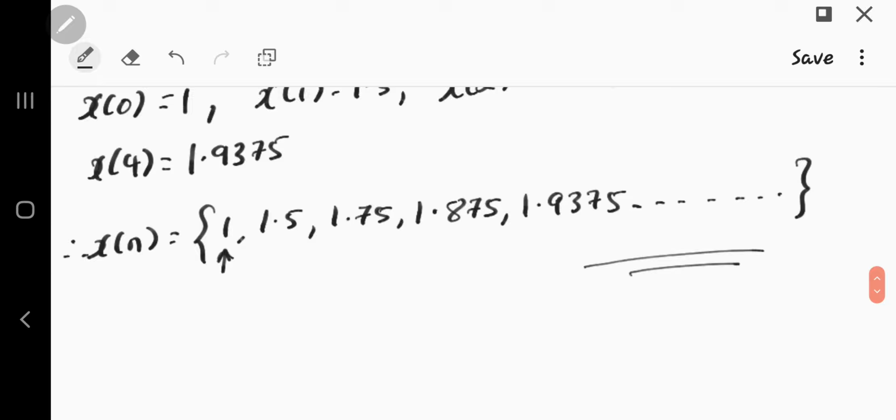Now for the same problem, same x of z, what if it is a negative time sequence? How will things differ? Let's see that. In this one, I'll take the example in this way.